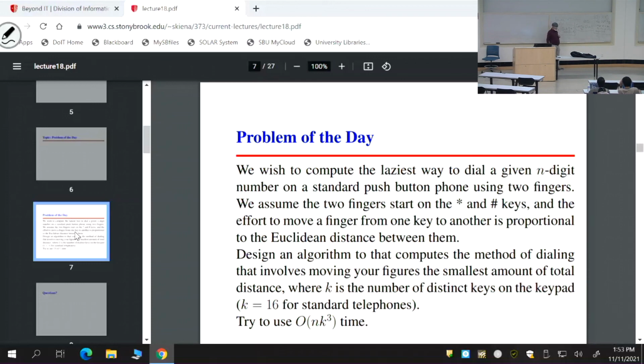My left finger is going to go from little l to big L, and my right finger will go from little r to big R. Perhaps the cost should be this minus this or this minus this. Perhaps it should be the bigger of the two.